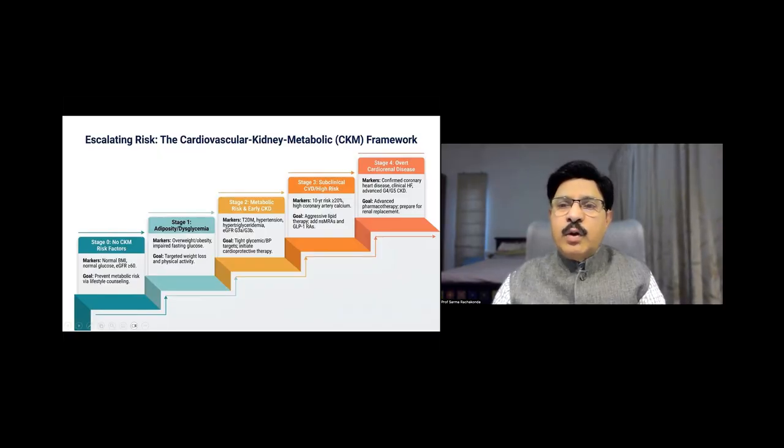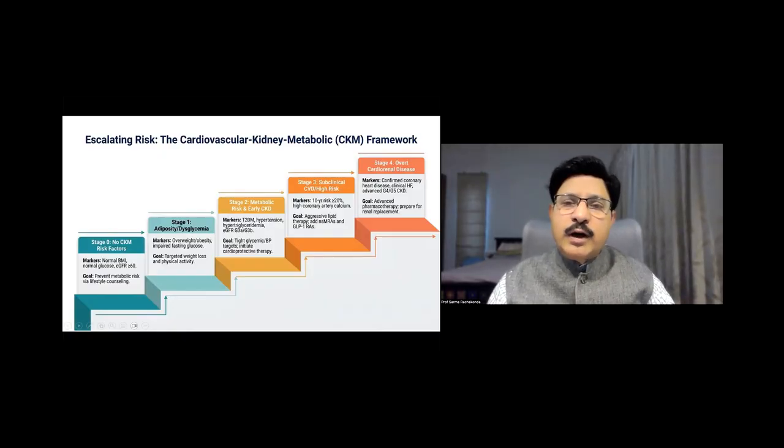And stage 4, overt cardiorenal disease: confirmed coronary artery disease, clinical heart failure, advanced stages G4, G5 kidney disease, and advanced pharmacotherapy to prepare the patient for renal replacement. Now, what did I do? Using this cardiovascular kidney metabolic CKM framework, I classified the patients into 0, 1, 2, 3, and 4. The management is different between each stage.